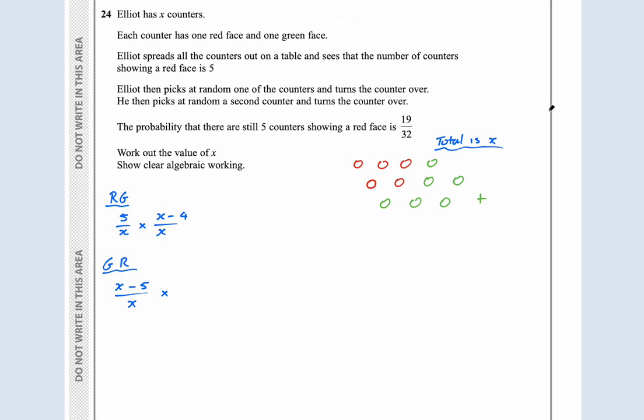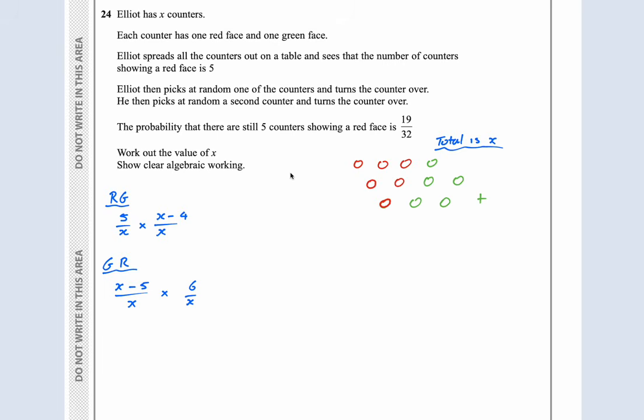Now look, if he turns over a green, this has now become red. And if this has become red, how many reds are there left now when he's going to turn over the second one? Well, there's 1, 2, 3, 4, 5, 6. 6 reds. So it's now 6 out of X.